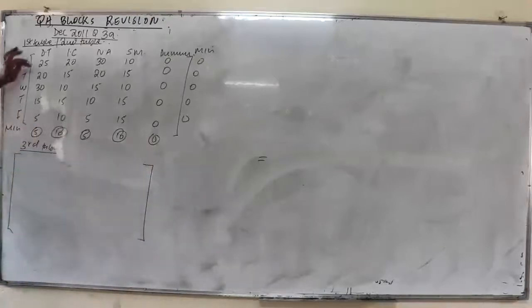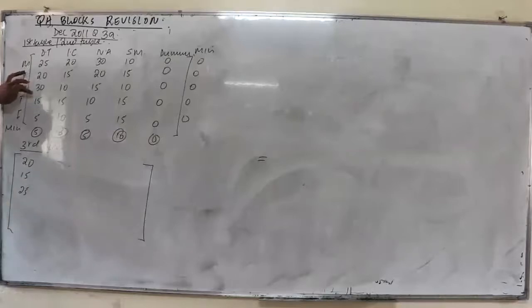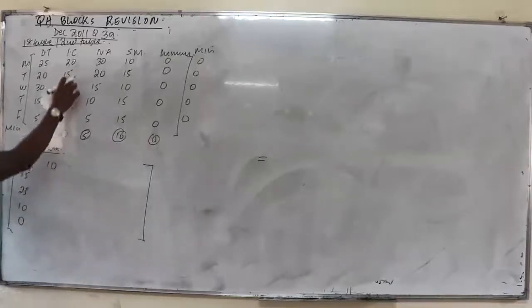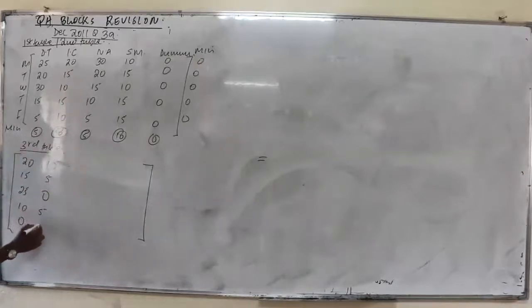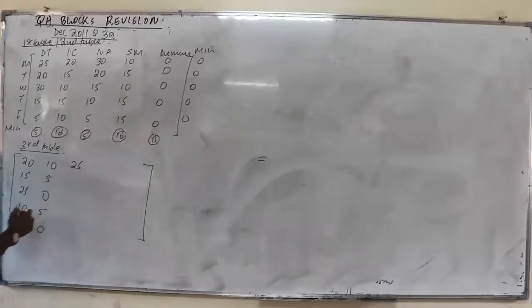So you take 25 minus 5, you get 20. 20 minus 5, 30 minus 5, 15 minus 5, and 5 minus 5, you get 0. 20 minus 10, 15 minus 10, 10 minus 10, you get 0, 5, 0. That minus 5, you get 25.